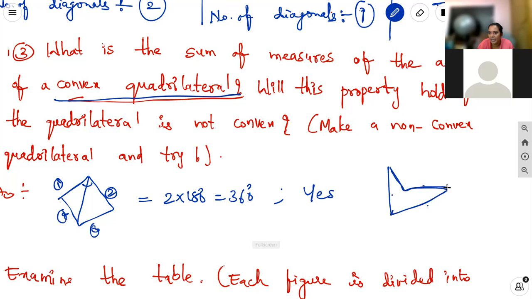This figure is a non-convex quadrilateral, because the joining of some two points is outside of the area of the polygon. The area exists, so in this, this angle and this angle should sum to 360 degrees.